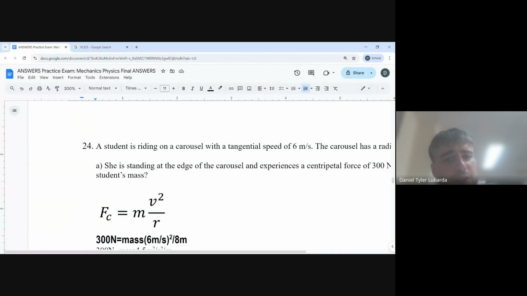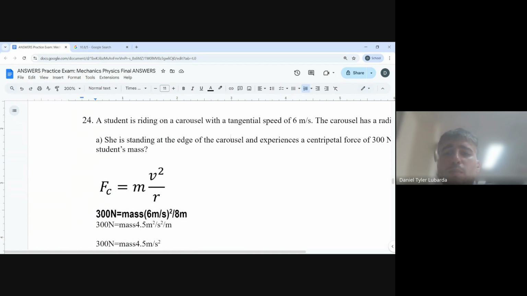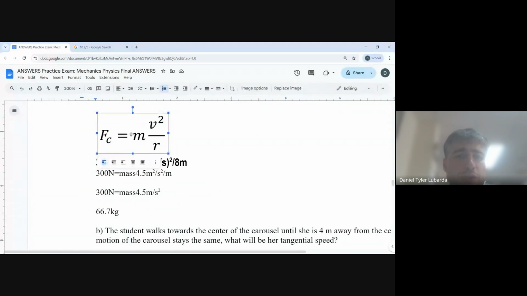Same with these. We did get a chance to do more work with centripetal force, but I know that was a while ago. So definitely make sure you refresh yourself on that and remember circular motion, centripetal acceleration, and centripetal force.